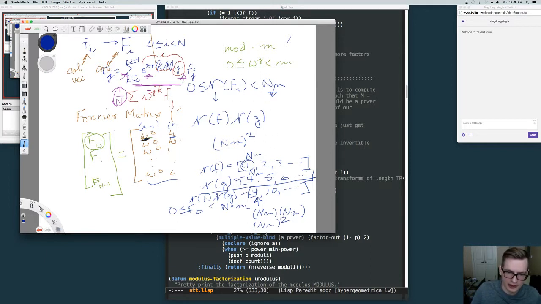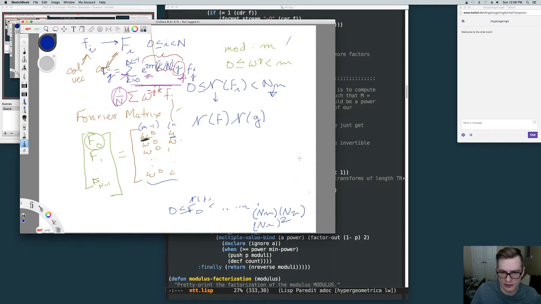So we have nm squared in the transform space, but then we do an inverse transform, and like I said, the inverse transform basically has the same constraints as the original transform, except we do have a 1 divided by n factor.